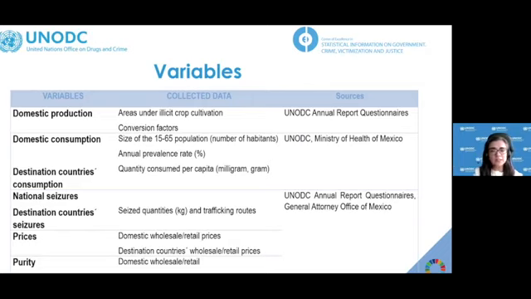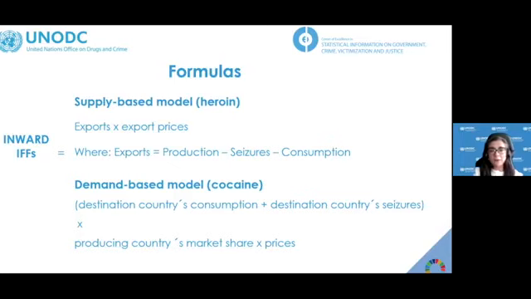Now, the data sources that we use, as you can see on the screen, are different ones, but mainly we use reports from the national government to UNODC, and also data from the General Attorney Office in Mexico for each one of the variables.